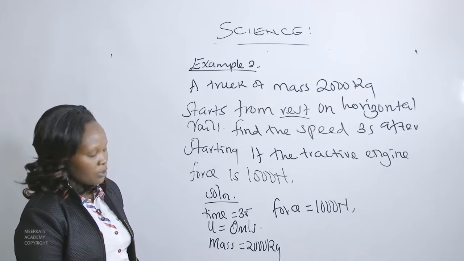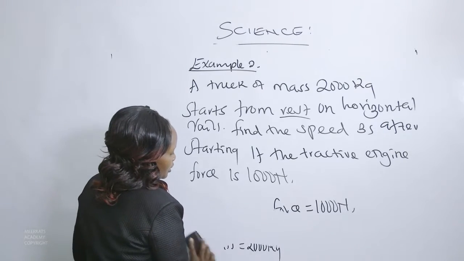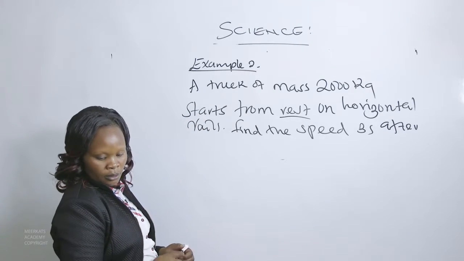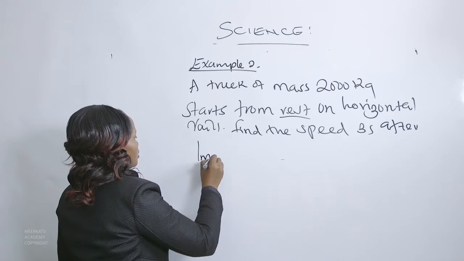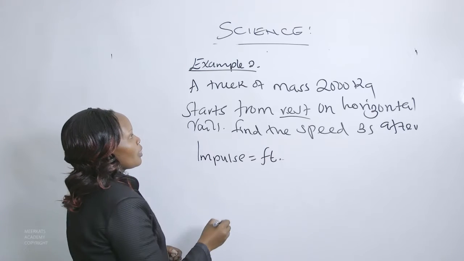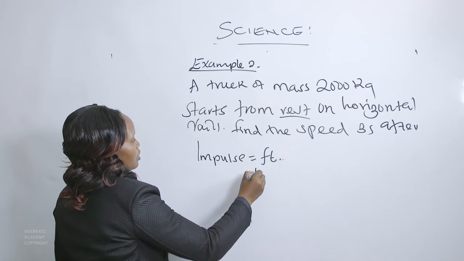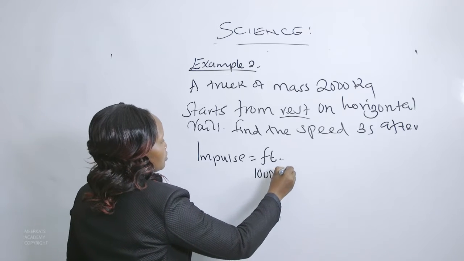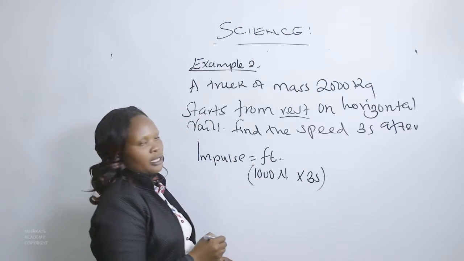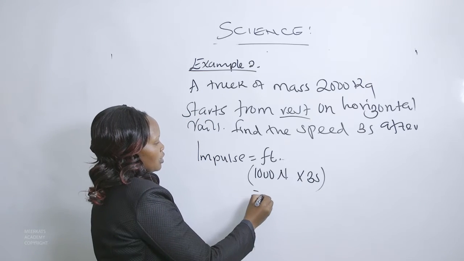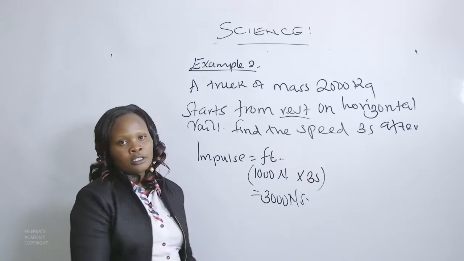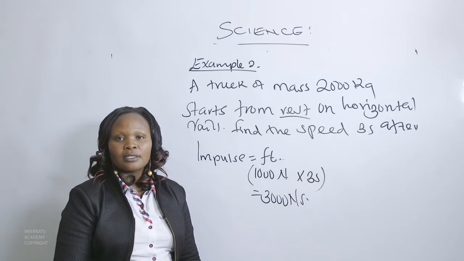Now, we start from the point of impulse. We say impulse is Ft, and F was 1,000 newtons. Time is 3 seconds from the question, and therefore the impulse is 3,000 newton seconds.